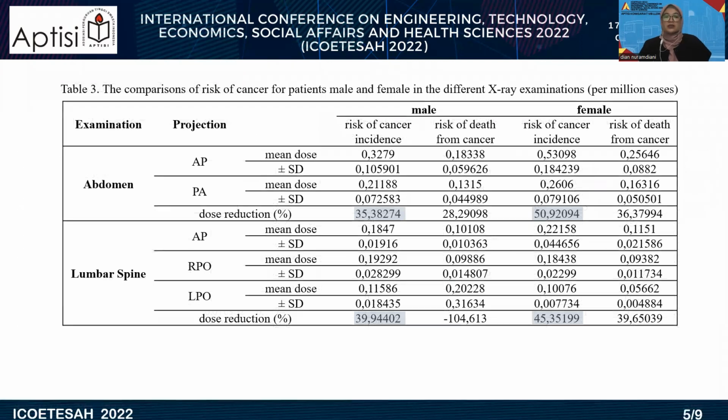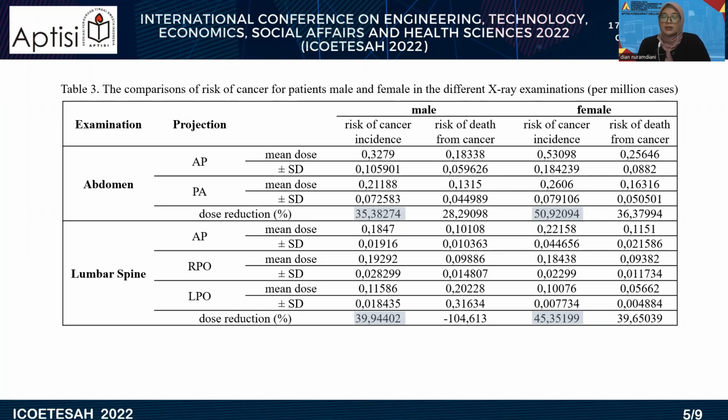The following table 3 also illustrates a comparison of cancer risk of different X-ray examinations for male and female patients. The different cancer risks estimated are largely based on the dose absorbed by the various organs or tissues exposed in the examination, some of which are presented in the previous table 2.